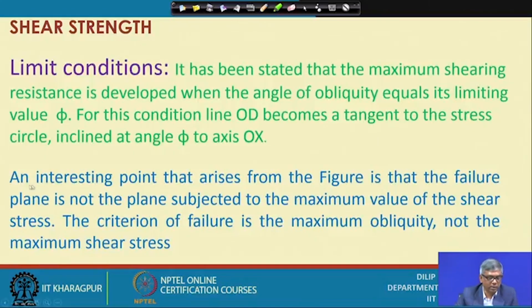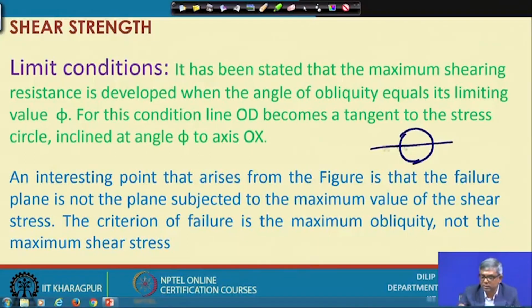Another interesting point that arises from the figure is that the failure plane is not the plane subject to the maximum value of the shear stress. Suppose I draw the Mohr circle here, and this is the origin, and maximum shear stress is occurring here, but the tangent is somewhere here.